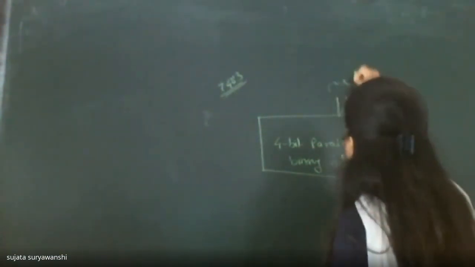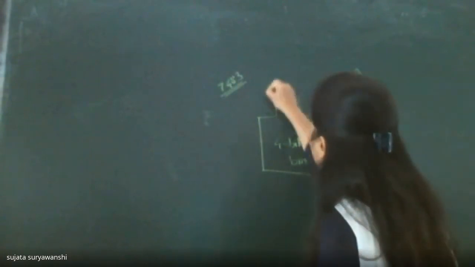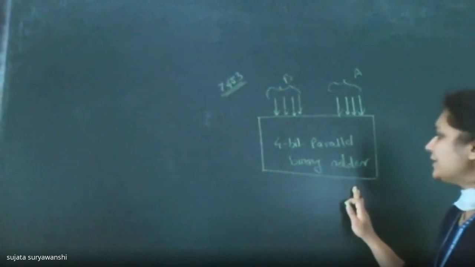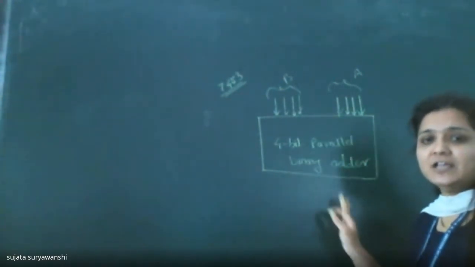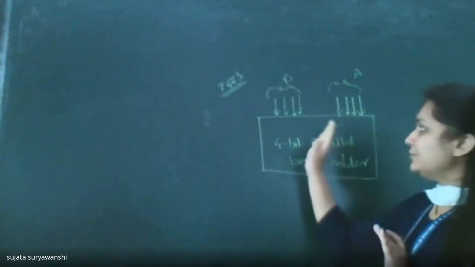This is your first binary number, suppose A, and the next 4-bit binary number is B. This combinational circuit adds these two numbers simultaneously, meaning instead of using 4 full adders, you can simply use this IC.